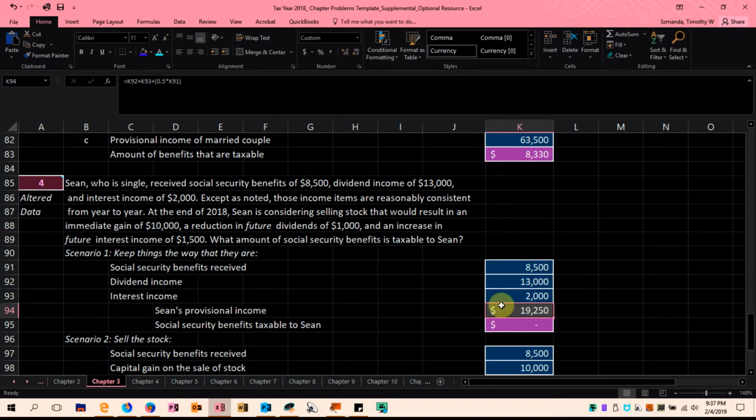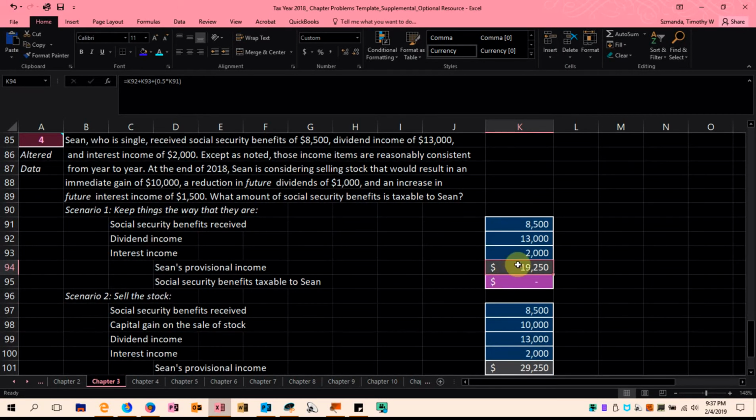As I went through earlier, we've calculated Sean's provisional income of $19,250. Now the question is, given this provisional income, are his Social Security benefits taxable?